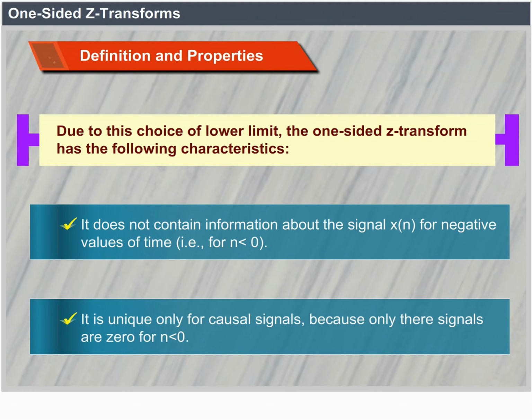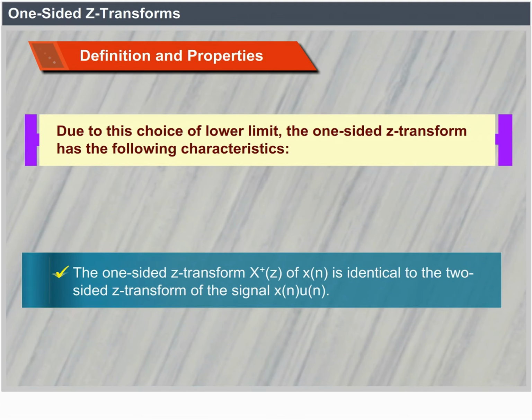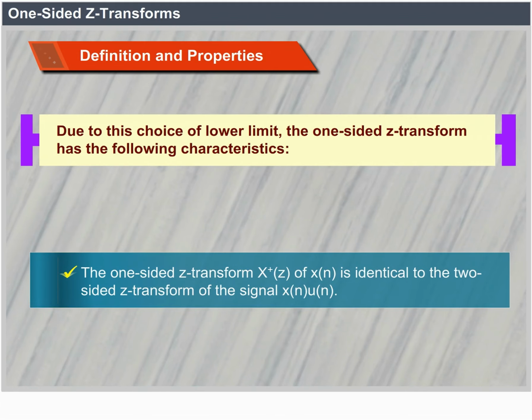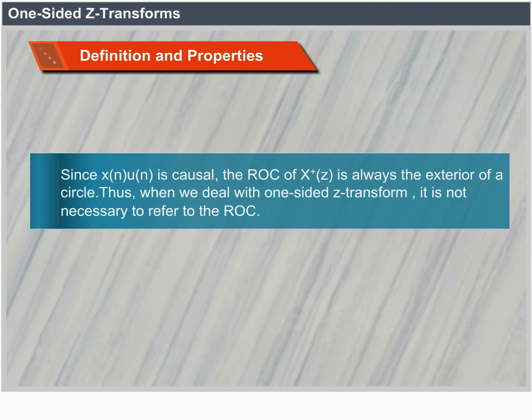The one-sided Z transform X+(z) of x(n) is identical to the two-sided Z transform of the signal x(n)u(n). Since x(n)u(n) is causal, the region of convergence of X+(z) is always the exterior of a circle. Thus, when we deal with the one-sided Z transform, it is not necessary to refer to the region of convergence.